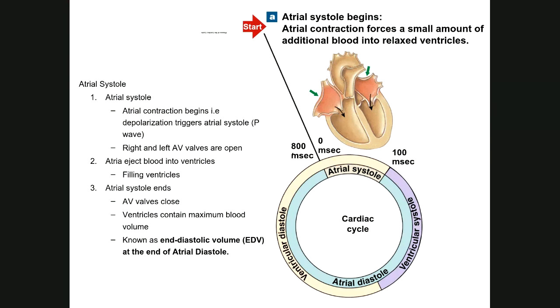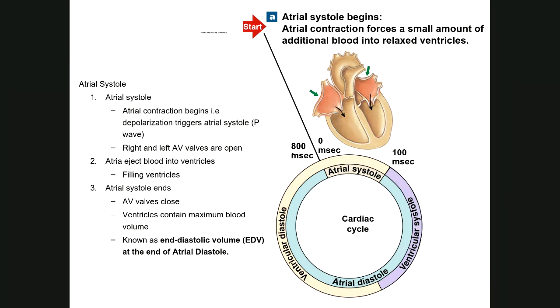So the atrial systole begins. Depolarization triggers the atrial systole, which is the P wave. The right and left atrioventricular valves are open. The atrial contraction force is small. During relaxation, 80% of the blood flows passively from the atrium to the ventricle.